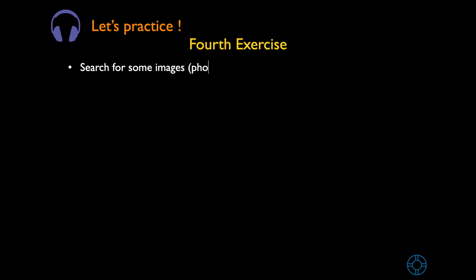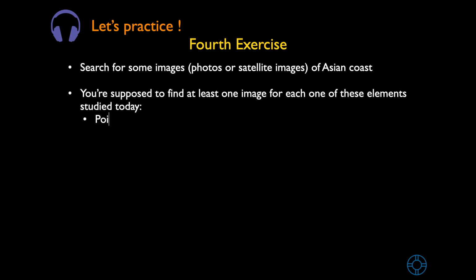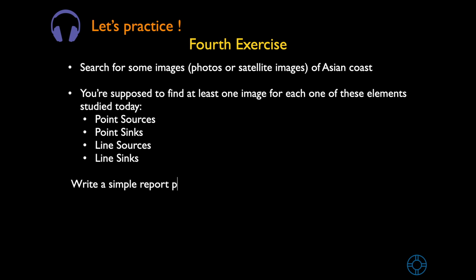Let's practice in this fourth exercise. You must search for some images, maybe photos or satellite images, of the Asian coast. You are supposed to find at least one image for each one of these elements studied today: point sources, point sinks, line sources, and line sinks.